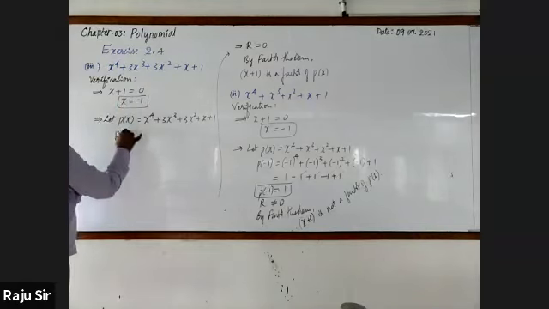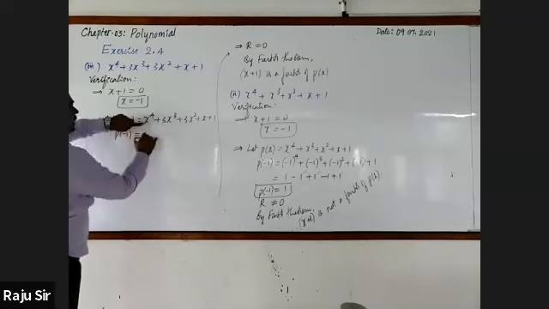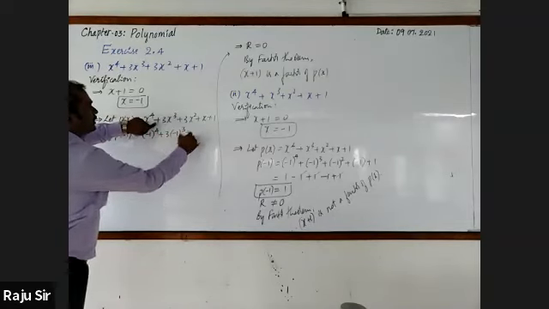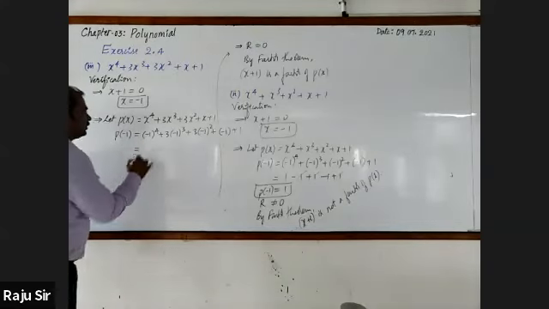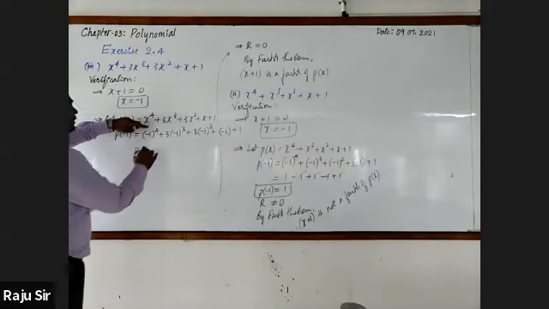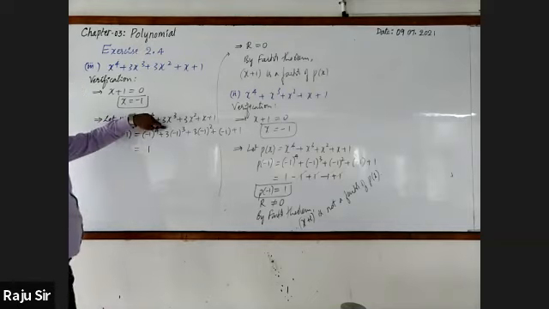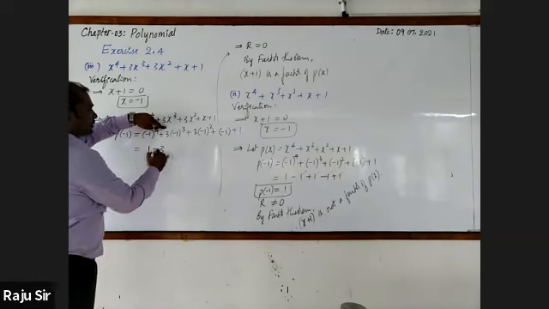So p of minus 1 is minus 1 whole raised to the power 4 plus 3 into minus 1 whole cube plus 3 into minus 1 whole square plus minus 1 plus 1. Minus 1 whole raised to the power 4 is plus 1. Minus 1 whole cube is minus 1, into 3 is minus 3.